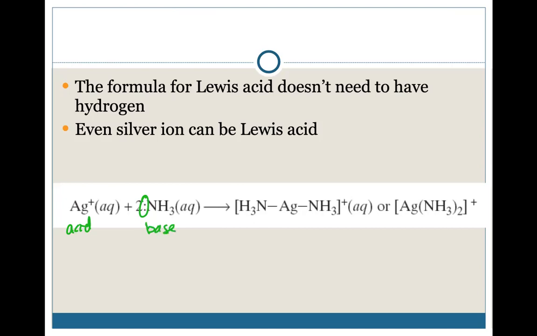There's no hydrogen donation here, so Bronsted-Lowry doesn't apply, because there's no proton being donated. And if you look at the Arrhenius definition, yes, you've got an aqueous solution, but there's no increasing of hydroxide or hydronium here. So the only definition that applies to this equation is the Lewis definition.